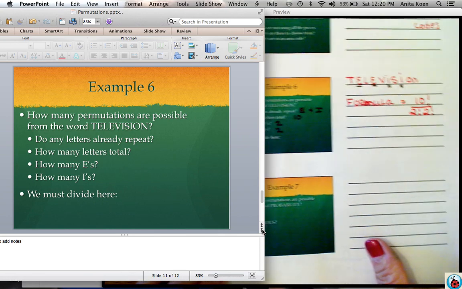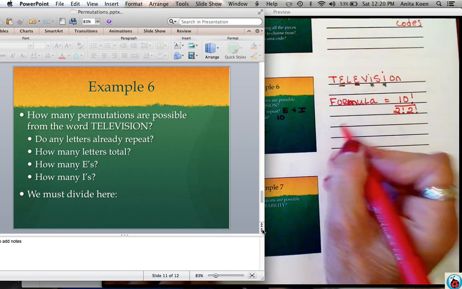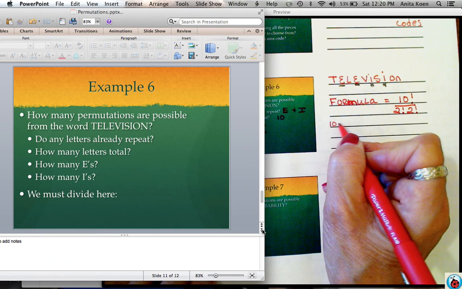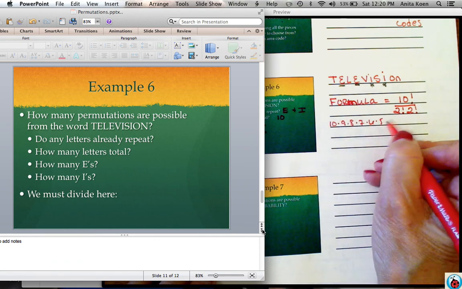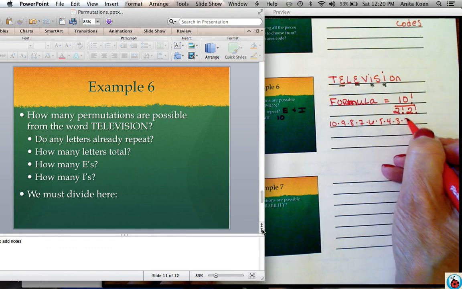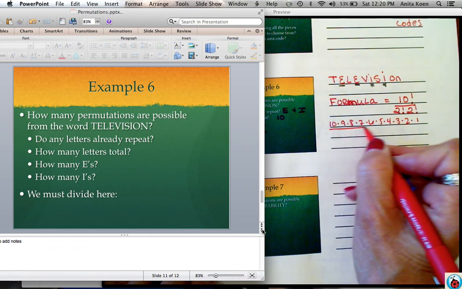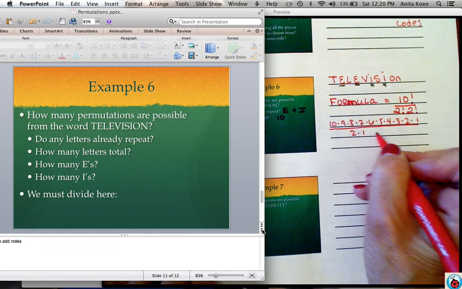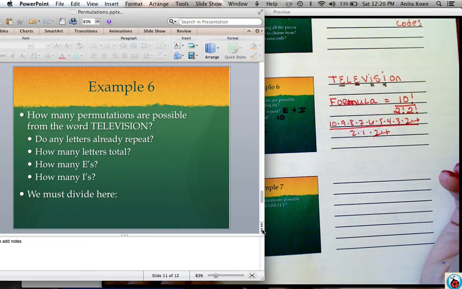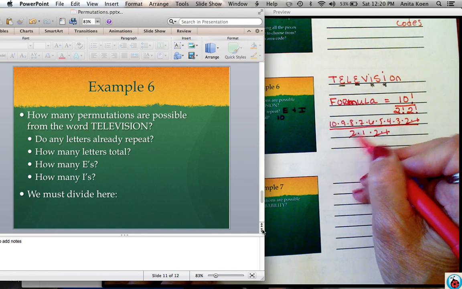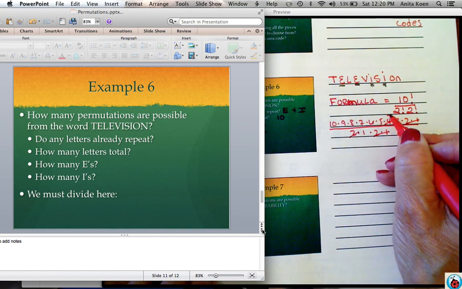So to evaluate this, you can do it one of 2 ways. You can say 10 times 9 times 8 times 7 times 6 times 5 times 4 times 3 times 2 times 1 divided by 2 times 1 times 2 times 1. 2 times 1 cancels. And this 2 right here will also divide into this 4 2 times.